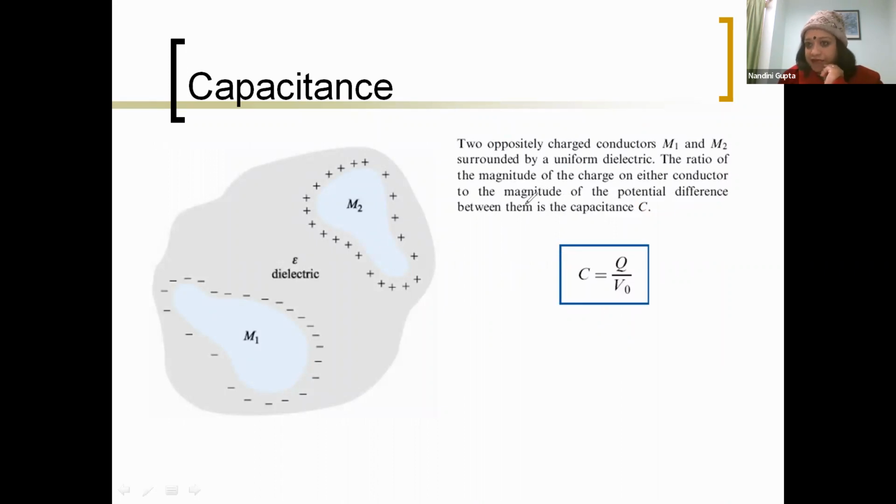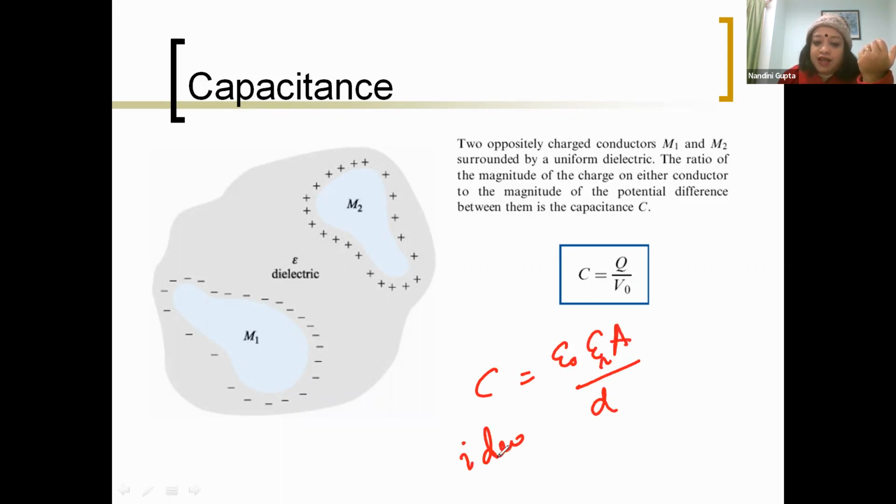But all these derivations, all these formulae that you have learned so far correspond to idealized situations. For example, when you say C is equal to epsilon R A by D, you are talking about an ideal parallel plate capacitor.